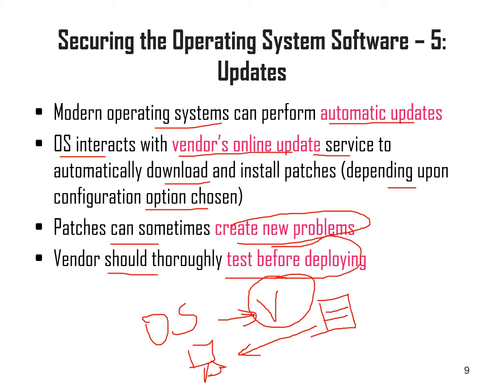This testing happens in any branded industry that produces an operating system. The vendor tests the OS before deploying it to the host system. They will test each and every update, security patches, hotfixes, service packs, in their own systems before deploying to the host system online.